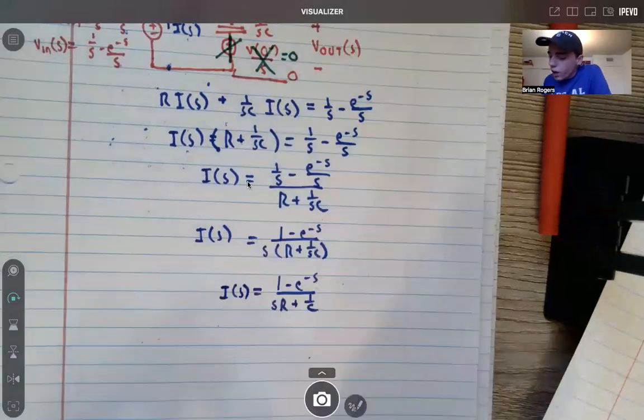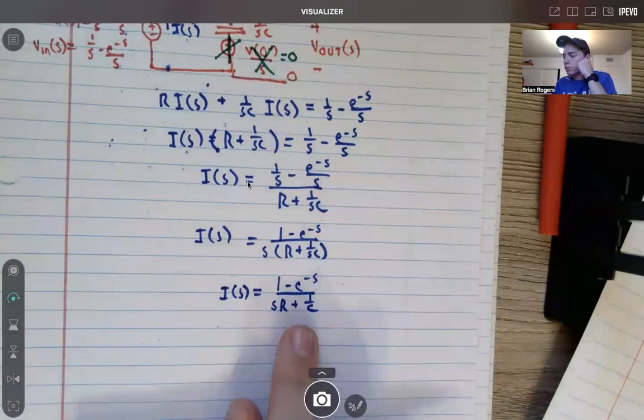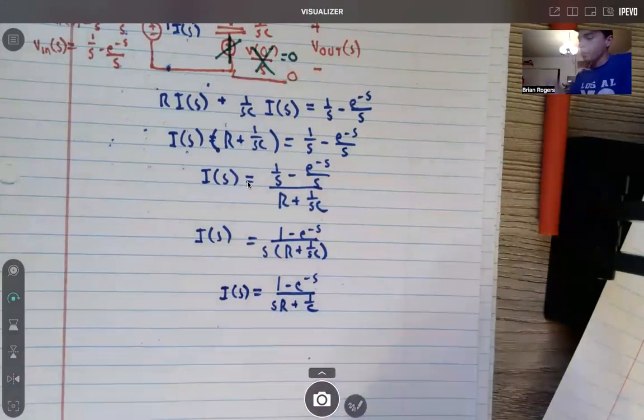And so what I can do now, if I want to get my denominator, is solve this specifically. I know my value for R and I know my value for capacitance. I can plug those into my equation here.